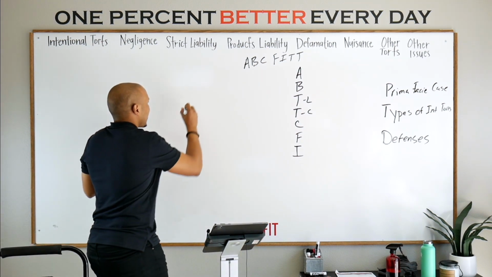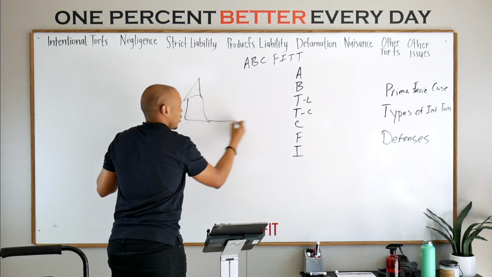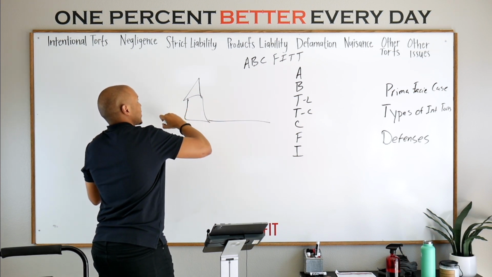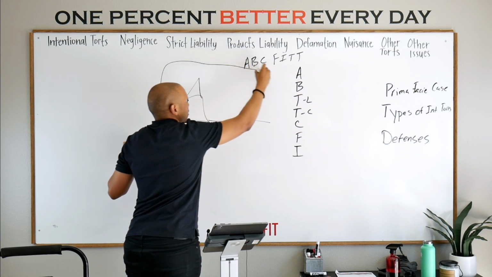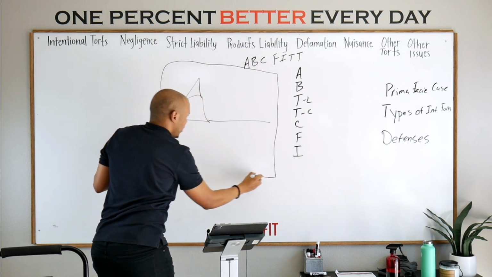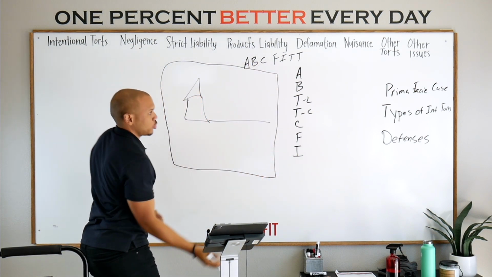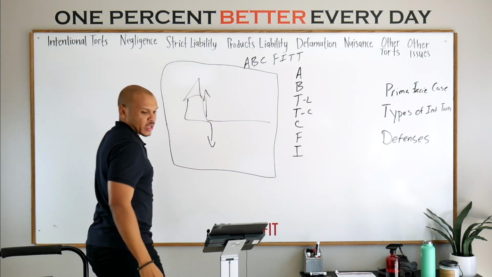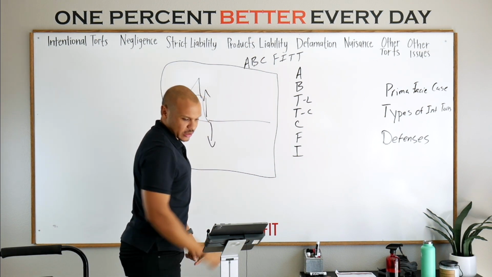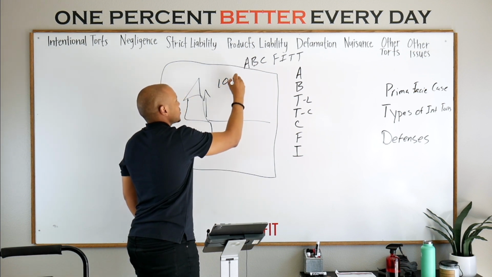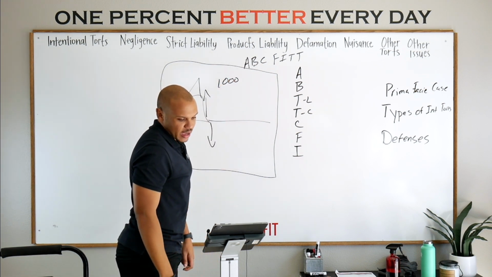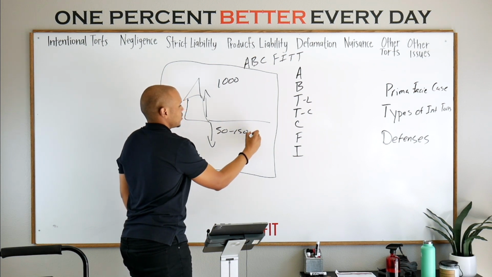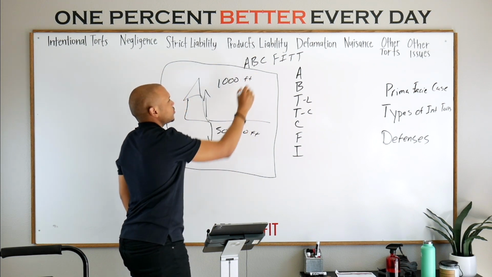So this rule protects so much of the airspace and so much of the subterranean space, above and below. And it says typically it'll extend 1,000 feet into the air and 50 to 150 feet below.